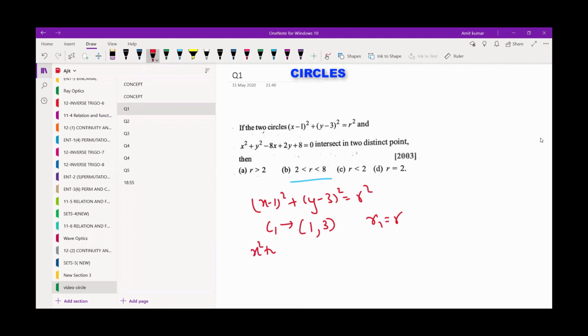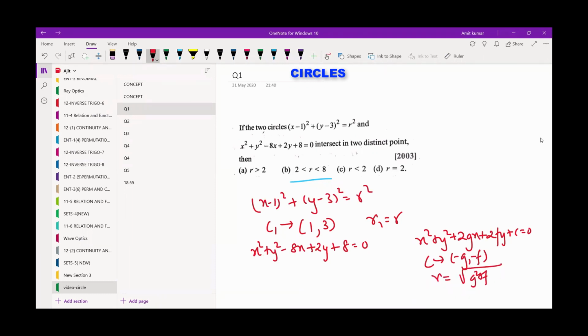But for the second circle, which is in the form of x square plus y square plus 2gx plus 2fy plus c equal to 0, that is this form. This is the general equation of a circle, and from this equation the center comes out to be (minus g, minus f), and the radius is root of g square plus f square minus c.